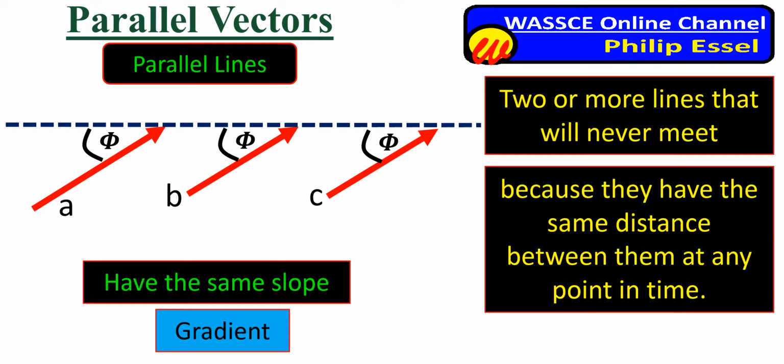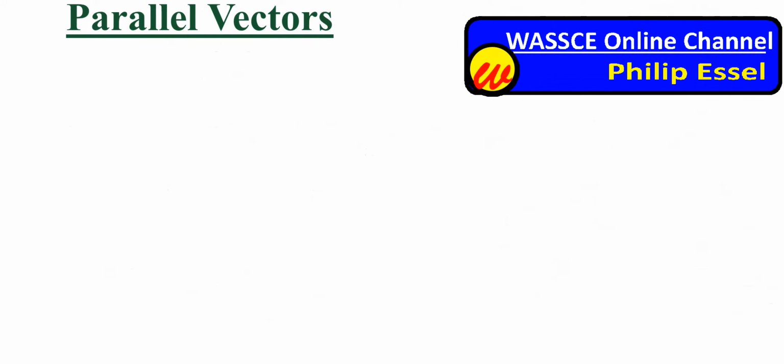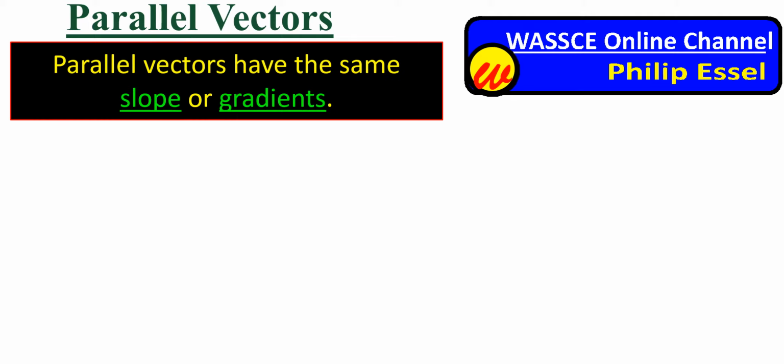Now let's apply what we have just learned to parallel vectors. When we were looking at parallel lines, we said that parallel lines have the same slope or gradient. What it means is that parallel vectors also have the same slope or gradient.